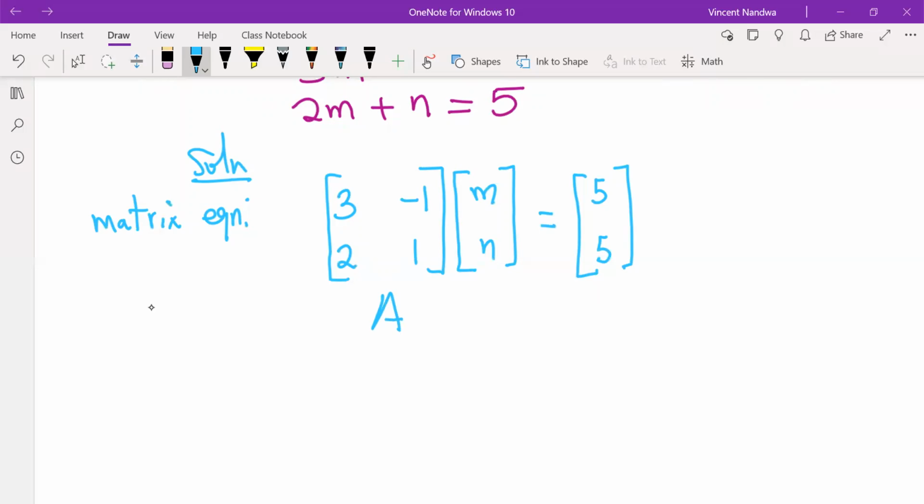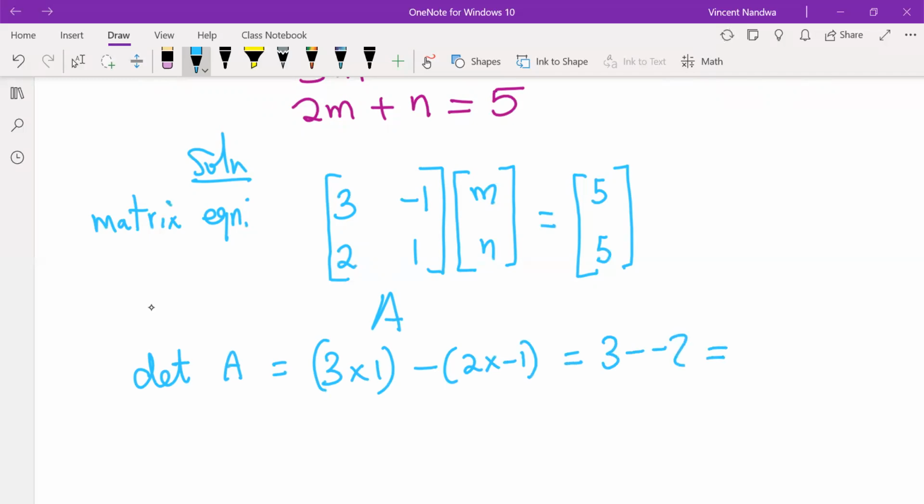So then next find the determinant of A, which would be 3 times 1 minus 2 times minus 1, which is 3 minus minus 2, which is 3 plus 2, which is 5. Now, because the determinant is non-zero, a solution of the system exists.